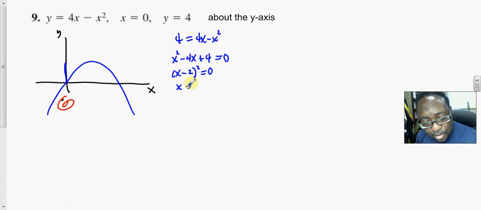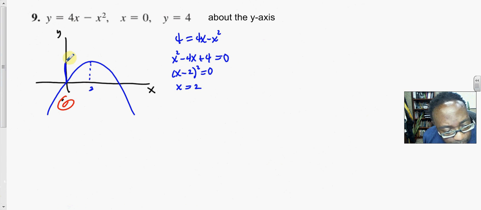That gives us x equal to 2. So that's right there at the tip top. So we're calculating this volume.